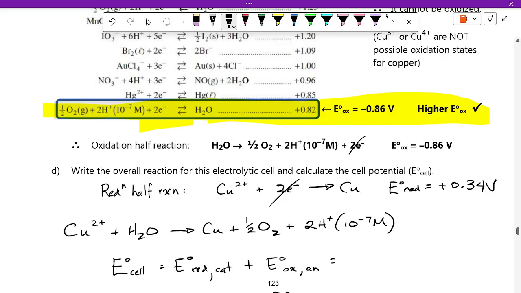And remember, you can use the reduction potential at the anode if you prefer. It would just be the opposite sign, okay? Red cat, there we are. And don't forget to use units in your work.